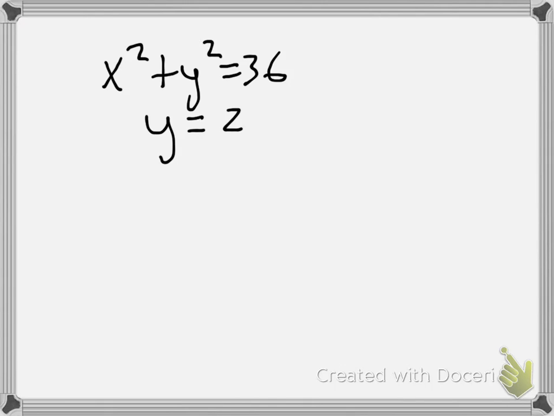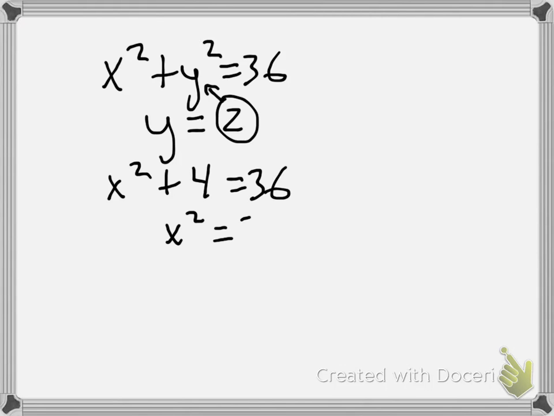However, what you can do is plug in this number for y. So you get x squared plus, in this case, 2 squared, which is 4, is equal to 36. So x squared is equal to 32. And you take the square root of both sides, so x equals plus or minus the square root of 32.